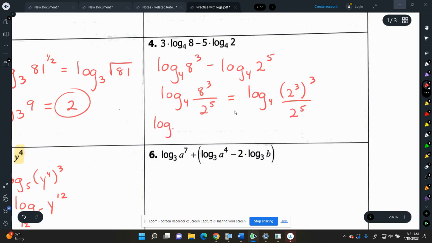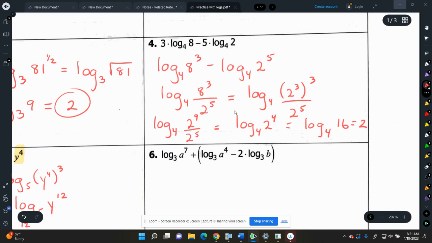So this is 2 to the 9 over 2 to the fifth, which gives me log base 4 of 2 to the 4th, right? Which is log base 4 of 16, which is 2.